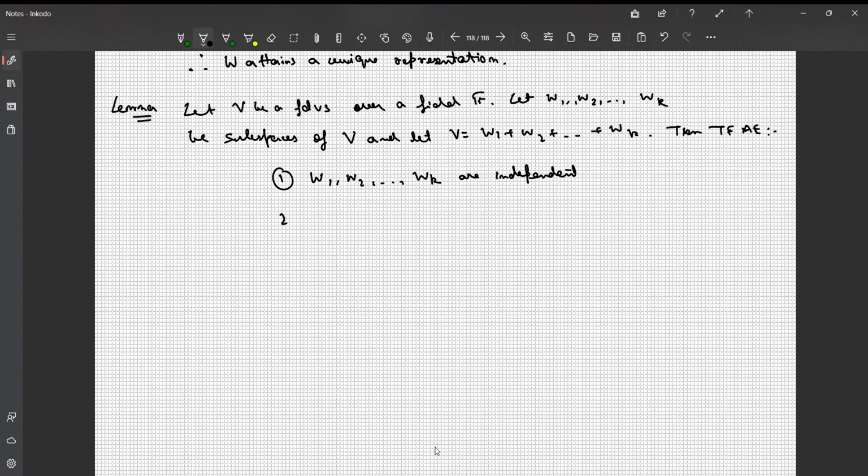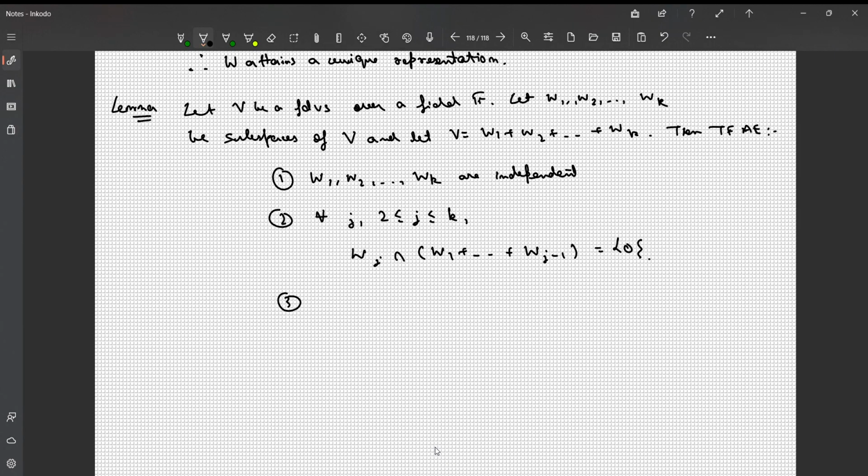Okay. Number two is that for all j such that j ranges from 2 to k, Wj intersection W1 plus and so on till Wj minus 1 is the zero subspace.